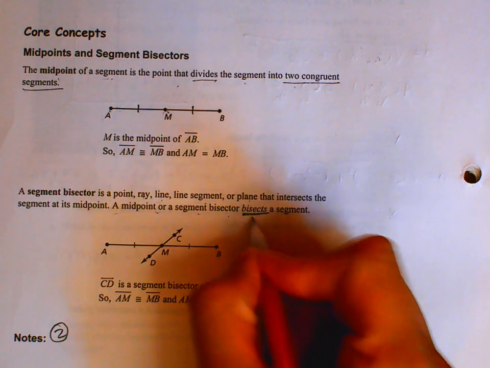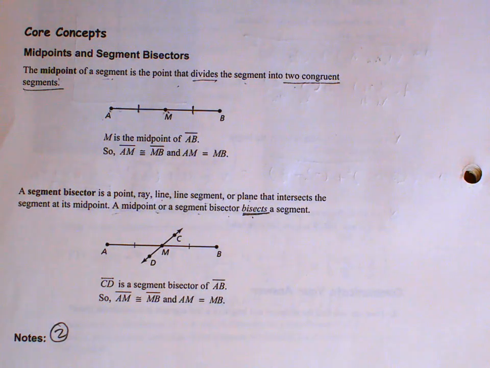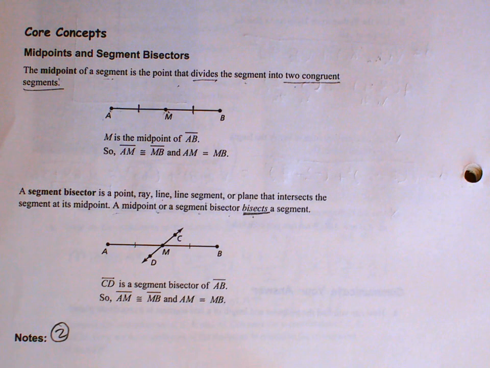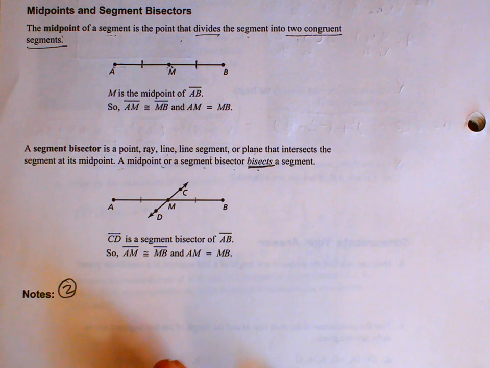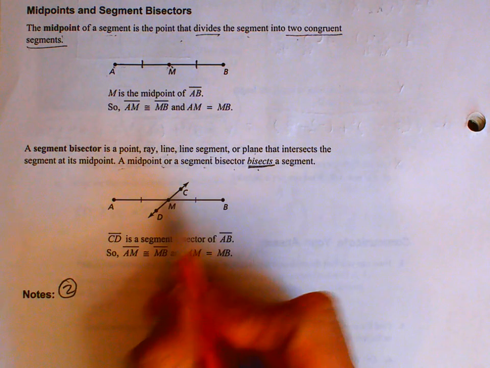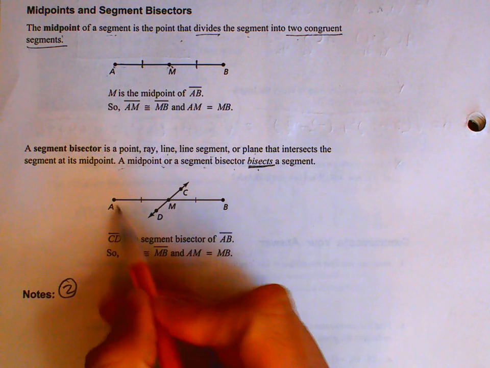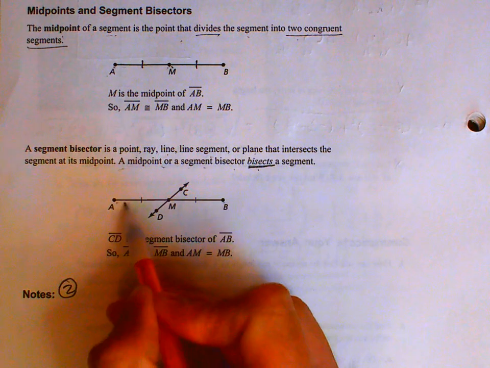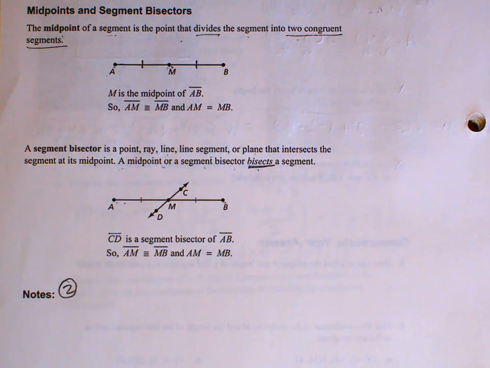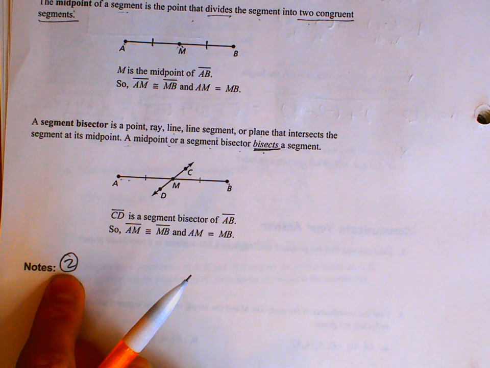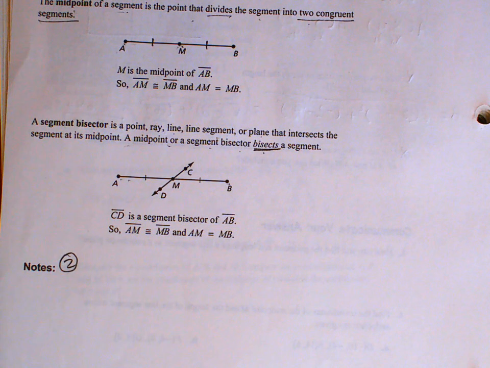Bisects just means cuts it in two. In this diagram, you have a line, and this line is the segment bisector. So line CD is the segment bisector of AB because AM and MB are congruent. And by the way, example number 2 is going to go right there, still on page 14.